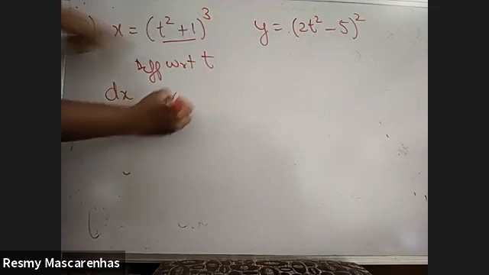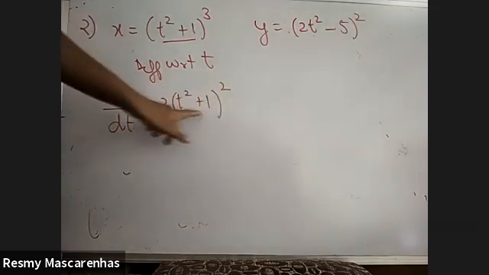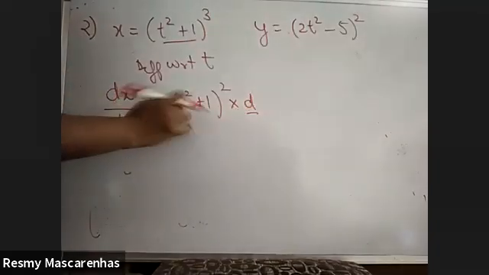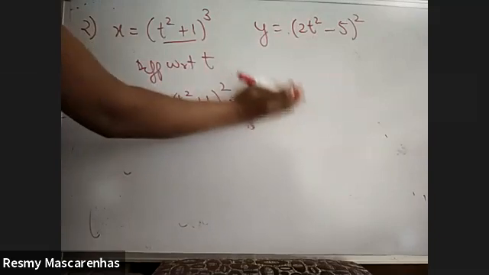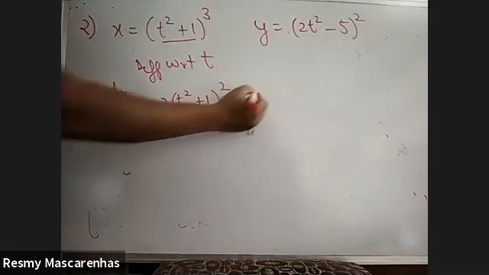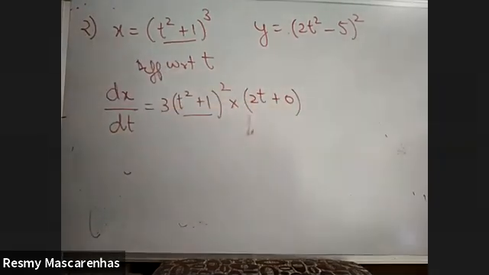3, whatever it may be, square. 3x square into the extra derivative of this. Directly you can. So what will be the derivative of what is inside the bracket? 2t plus 0 will be your answer.